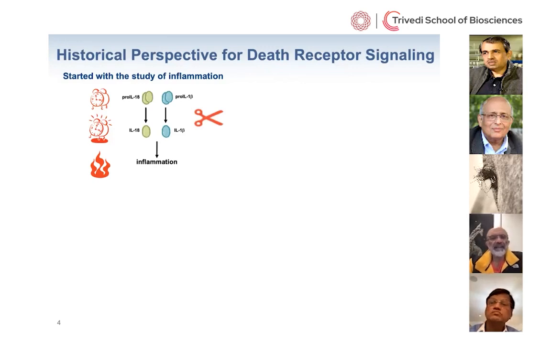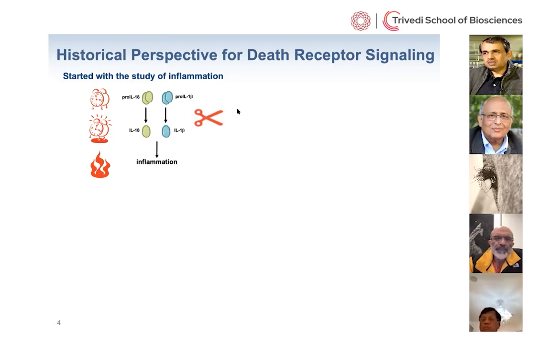The first line of work was being done by investigators at Merck and at Immunex. They were looking at two cytokines, IL-1 beta and IL-18. These are very pro-inflammatory cytokines, but they occur in an inactive form, the pro form. This pro form is converted to the active form through a protease, a molecular scissors, which cuts the pro form to give you the mature cytokine.